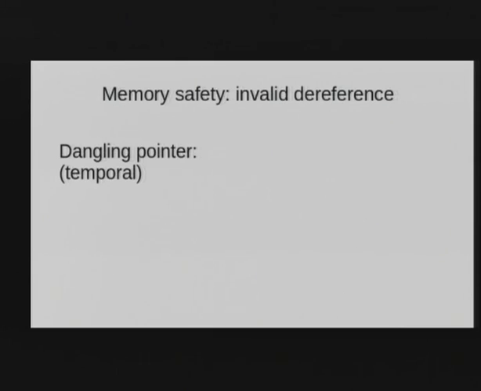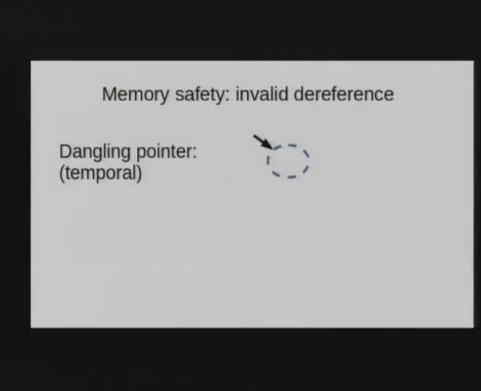And it can either be a dangling pointer, which is a temporal memory safety violation, where a pointer initially pointed to a valid object, but then that object was deallocated or returned with a free. But the pointer itself was not removed or zeroed out. And while keeping this pointer around is perfectly safe, accessing the pointer leads to a memory safety violation.